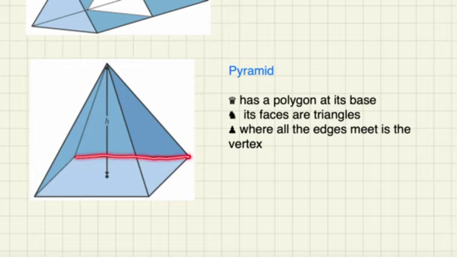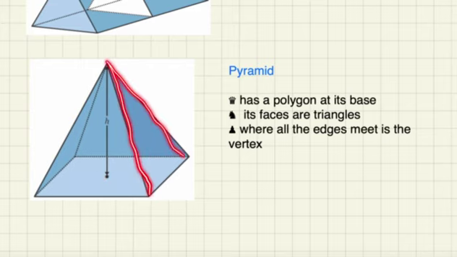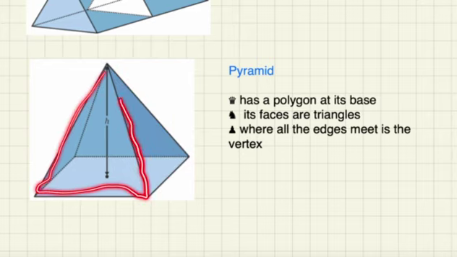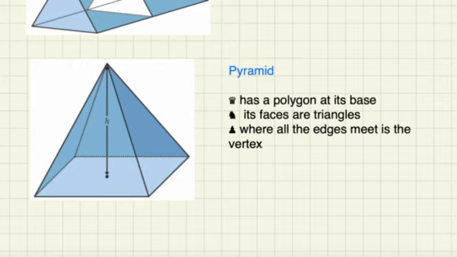So here we have a square shape over here, and so this is the base, and then these are the various faces of it. So there's a face and that's a face. Excuse the wobbly drawing. And for this particular pyramid, all the faces are triangles. And the vertex here, where all the edges of the faces meet, would be the vertex.